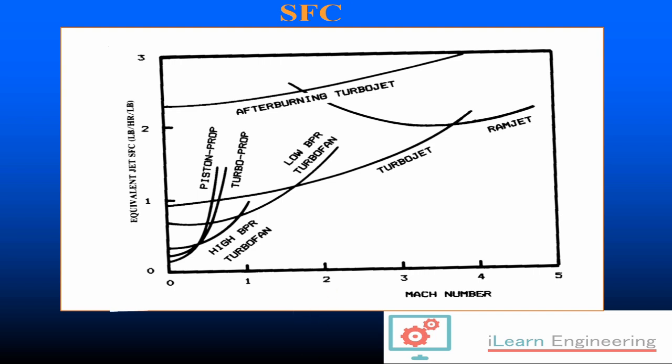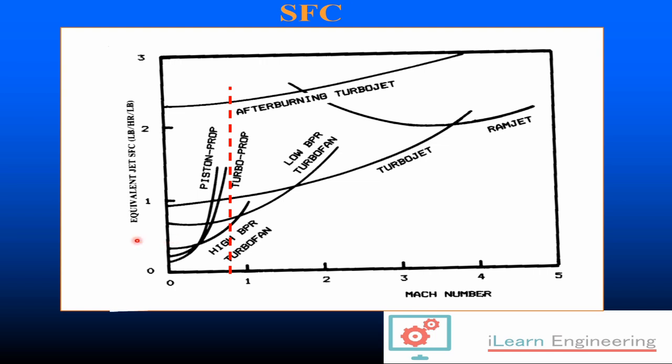Now, for most commercial aircraft, it turns out that they travel at around a Mach number of 0.8, 80% of the speed of sound. And if we come along here, what we're looking for is one of these curves. We want the first curve we come across, which is going to have the lowest specific fuel consumption, the lowest rate of fuel burn, which is therefore going to be the most economical.